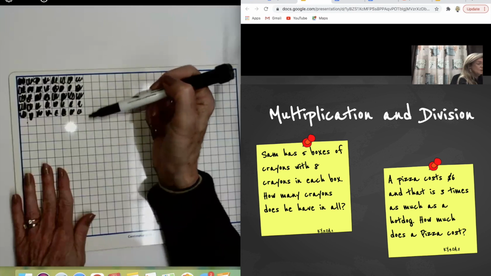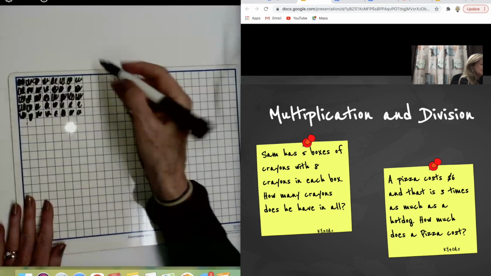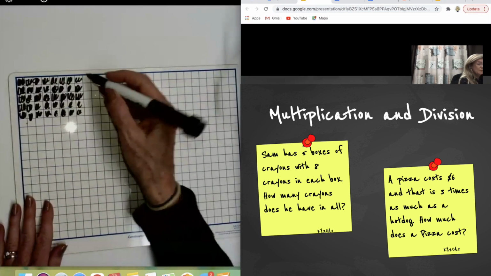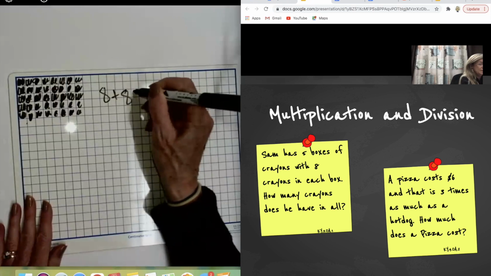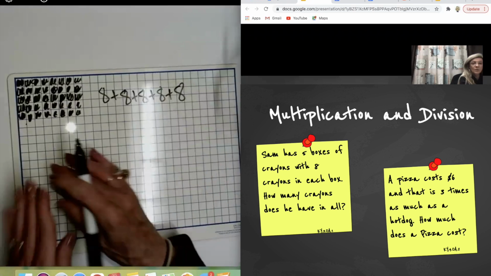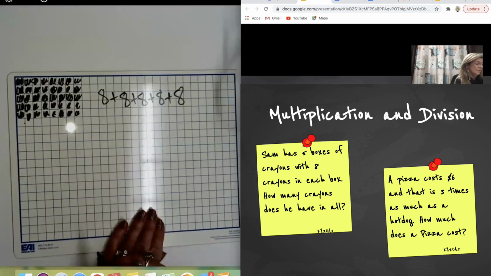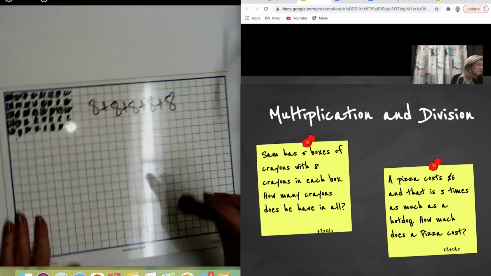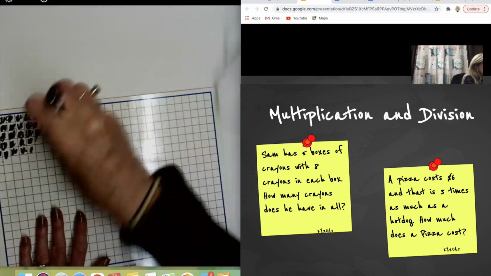Right? So that's just one way you could do that. Or you can add them up, or you can think about them as repeated addition. Maybe 8 plus 8 plus 8 plus 8 plus 8, or 8 5s. You could record it that way. Okay, so just another thought I wanted to share with you on how to use this grid board for that as well.